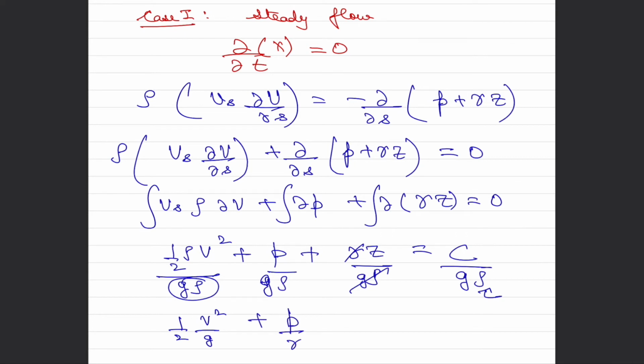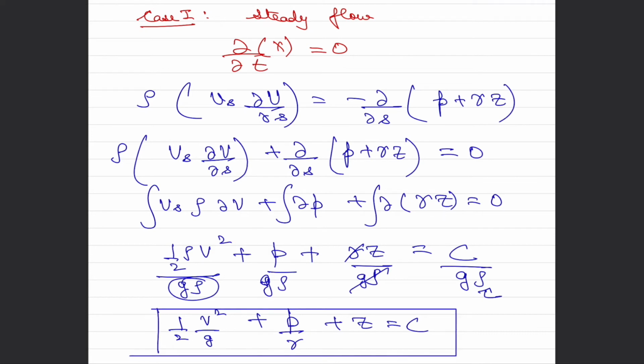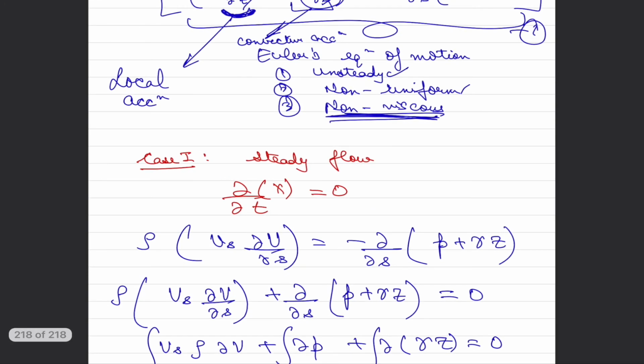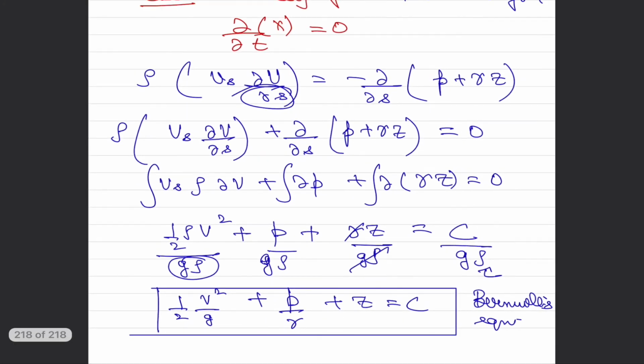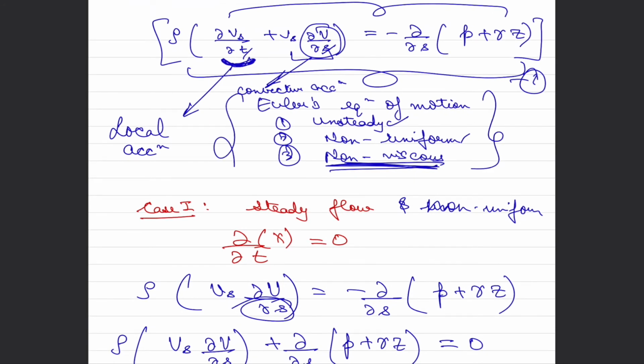plus p upon gamma plus z equal to constant, which is famously known as Bernoulli's equation, and it is applicable to steady and non-uniform flow, because we have taken integration with respect to del s, and of course it is applicable along a streamline for all the assumptions that we have stated before.